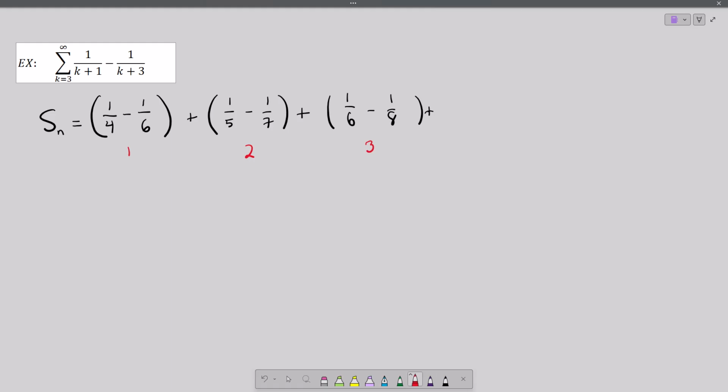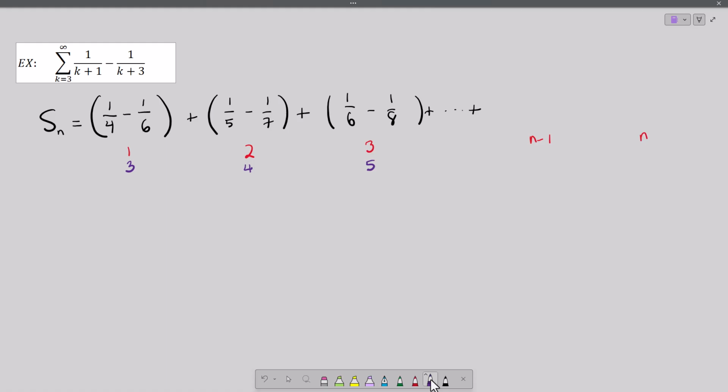And now we need to stop at the nth term. And we're going to find the term before the nth term, which we call the n minus first term. So we want the sum of the first n terms. So now we have to know what the corresponding k values are. So let's think about this. This was k equals 3, this was k equals 4, this is k equals 5.